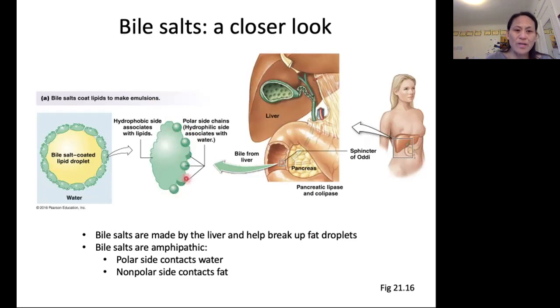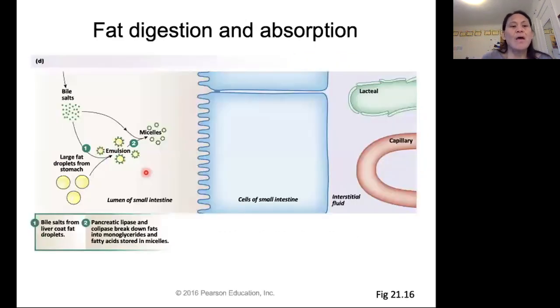Okay, so it's going to associate with the water there. So our lipid droplets are going to end up looking like this, with the hydrophobic side of the bile salt here and the hydrophilic side out here. And that is going to help our larger fat droplets exist as smaller fat droplets. Or it's going to help them be more comfortable, so to speak, breaking up into those smaller fat droplets.